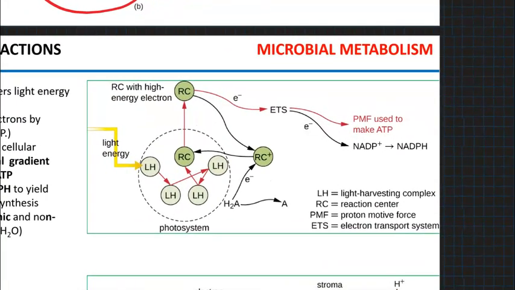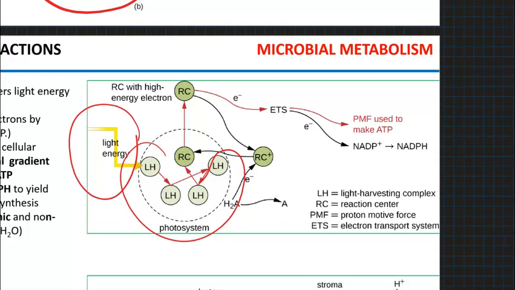So we're going to start with the light. This light is absorbed by a bunch of harvesting centers, whatever. My point is, does light have energy? So this energy is transferred onto the reaction center, and this energy is used to, figuratively speaking, give a massive push, a kick in the butt to an electron. Okay?